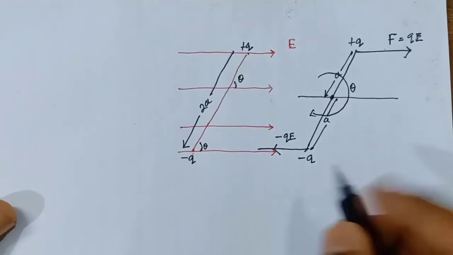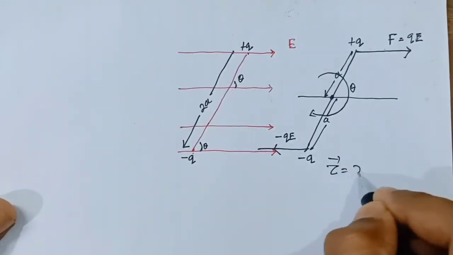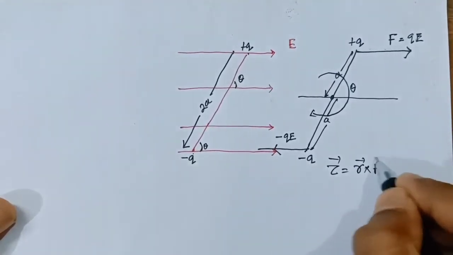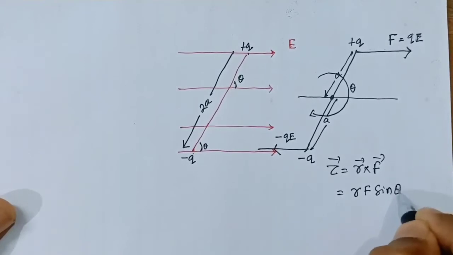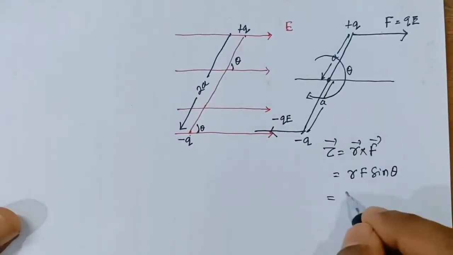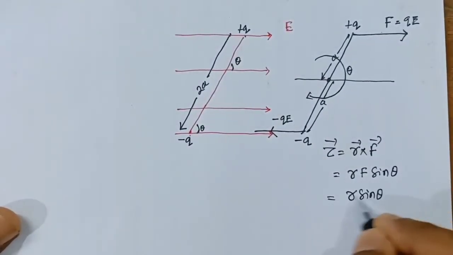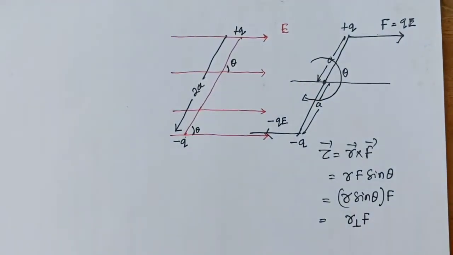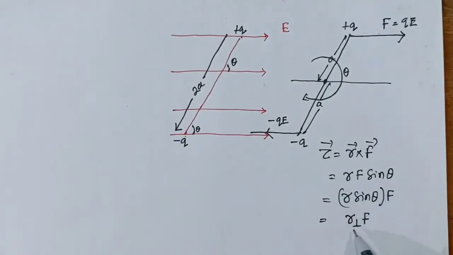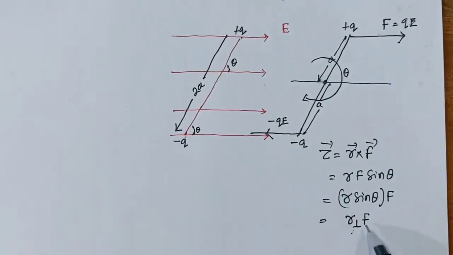The torque expression says tau equals r cross F, which can be written as rF sine theta, or as r sine theta into F. That is, one can also write it as r perpendicular times F. So I can say it is the component of r which is perpendicular to F.